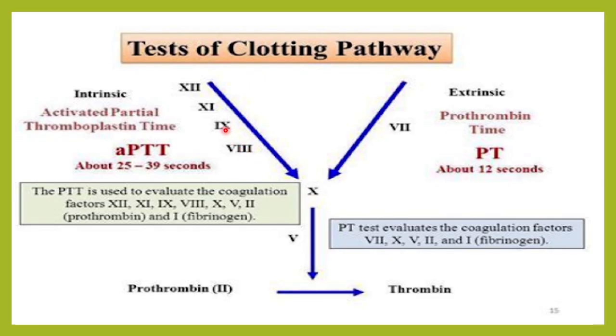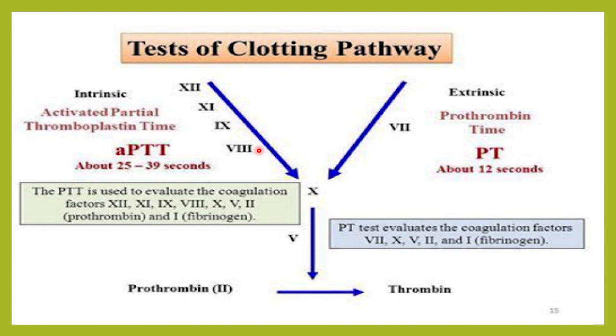So when we are giving heparin to the patient, what does heparin do? It blocks thrombin, isn't it? It activates antithrombin 3 and it also inhibits thrombin. So because thrombin is inhibiting these factors also, we use APTT to monitor the heparin activity.